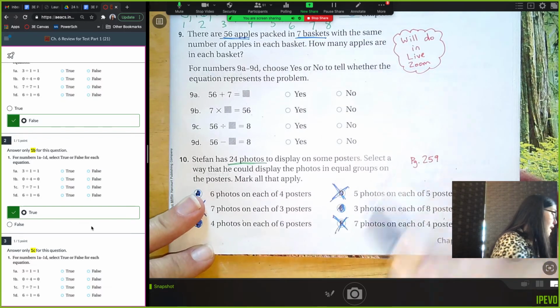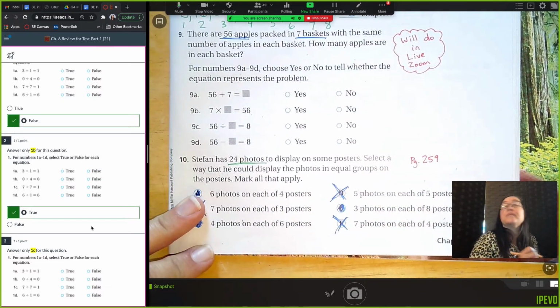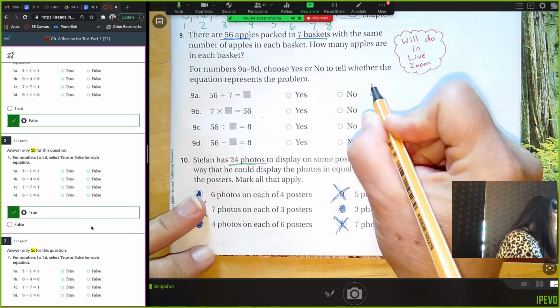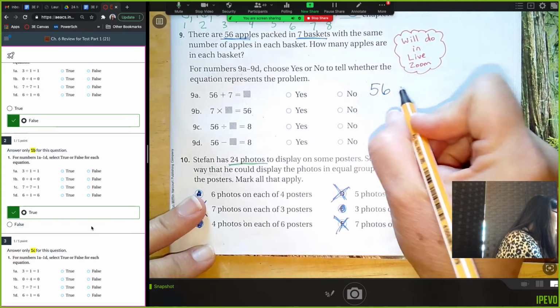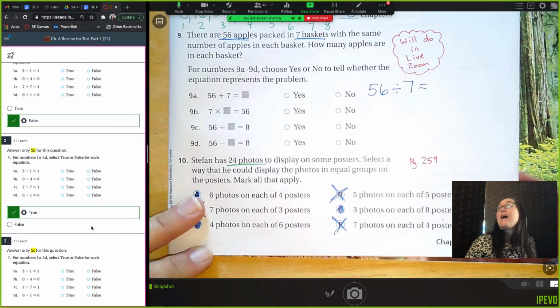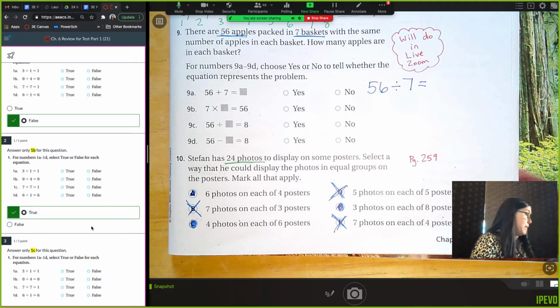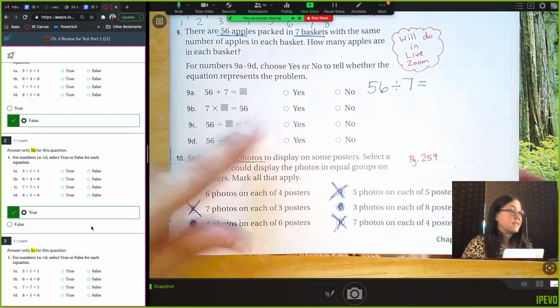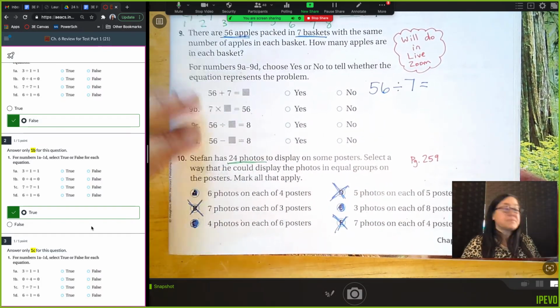So let's figure out what our equation should be. If we've got 56 apples broken into 7 baskets, how many will there be in each basket? And then it's kind of asking us the fact family, right? So let's see.